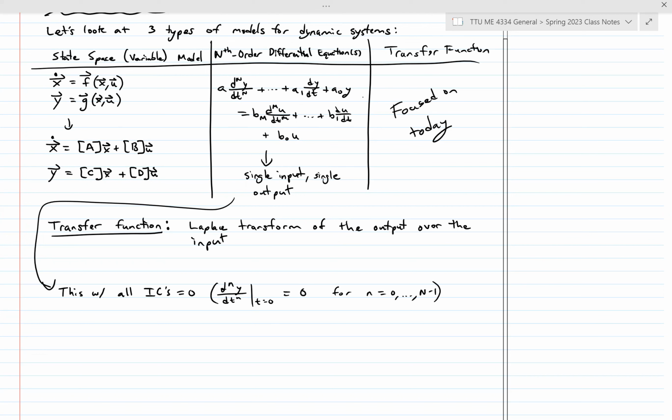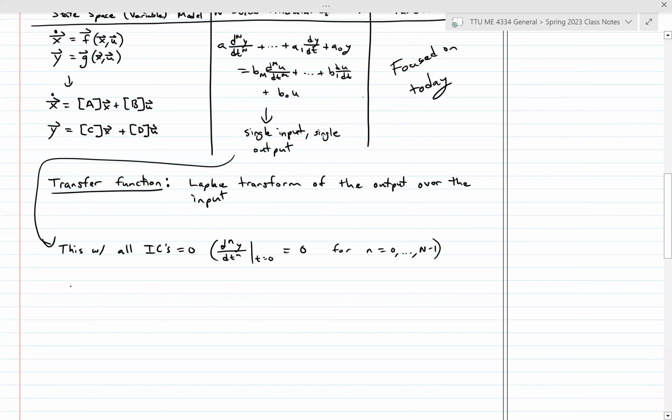That's just saying that we don't have any initial conditions for this equation that we had up there. We take a Laplace transform of everything on both sides.